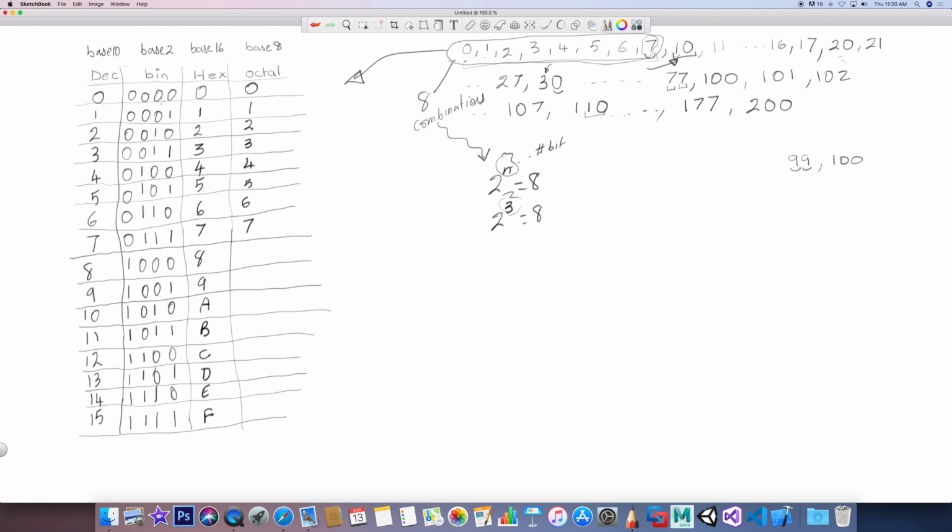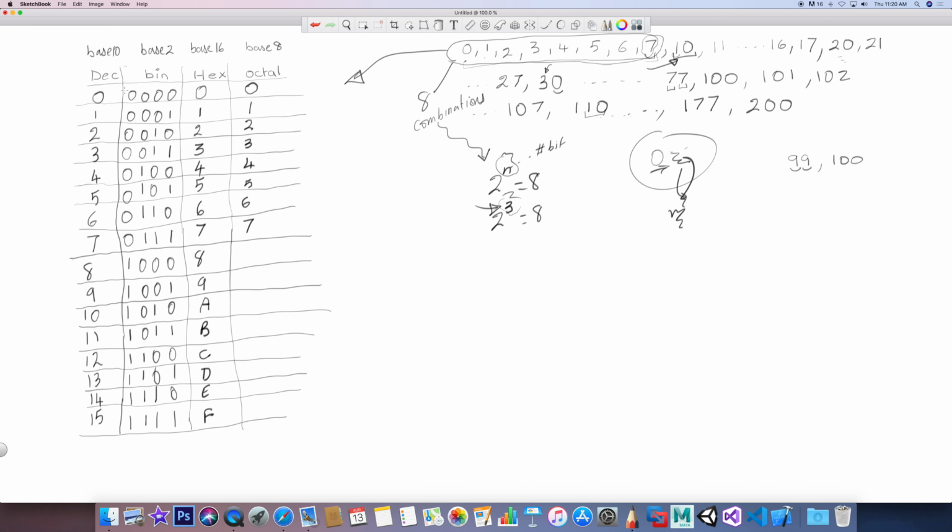Now watch this. To represent anything from 0 to 7, remember I told you we only need 3 bits. Is that true? Yes. Notice the most significant bit here is 0, so it doesn't change anything. It has no effect, so it's a padding. If you add a 0 to any number, it is still that number, so the 0 is just a padding.